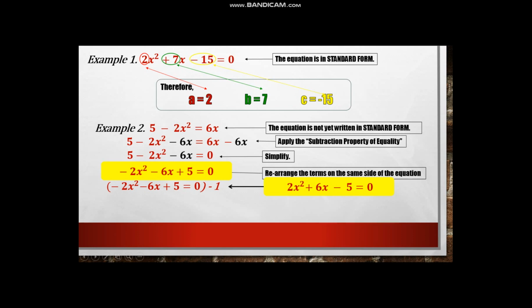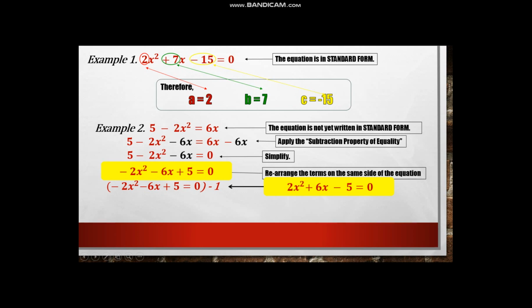But please take note, the first standard form that we got is not wrong. It's just that I wanted to have a positive quadratic term, so I asked you to multiply it by -1.